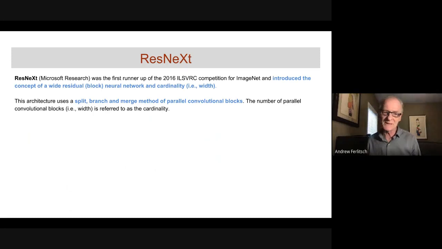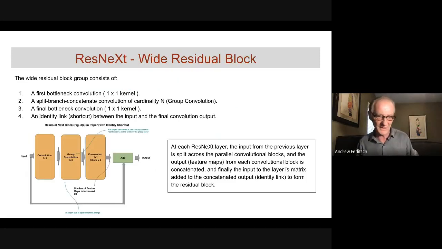In the architecture, they introduced a split, branch, and merge method of parallel convolutional blocks. So let's take a look at what I mean by this.